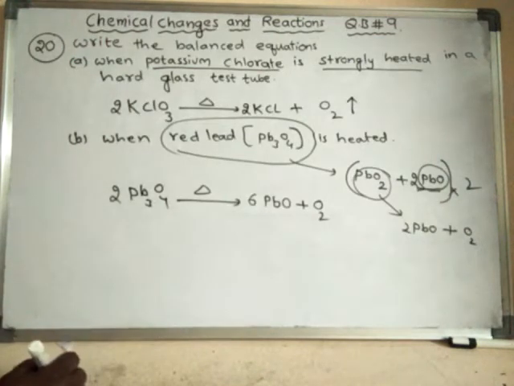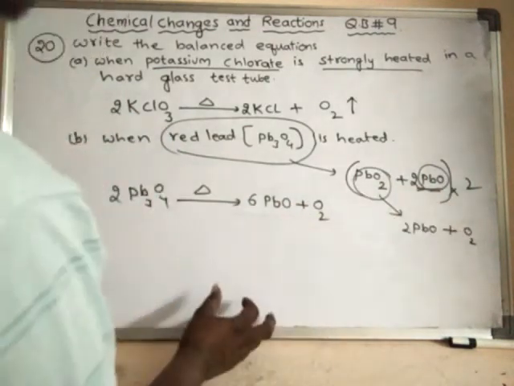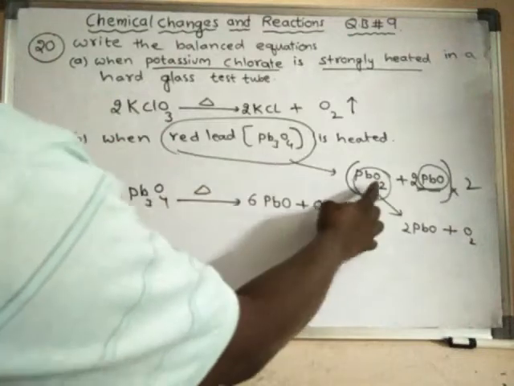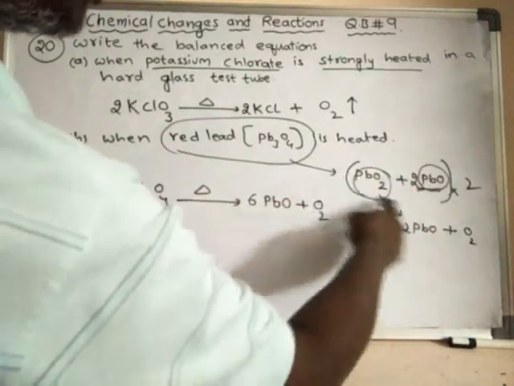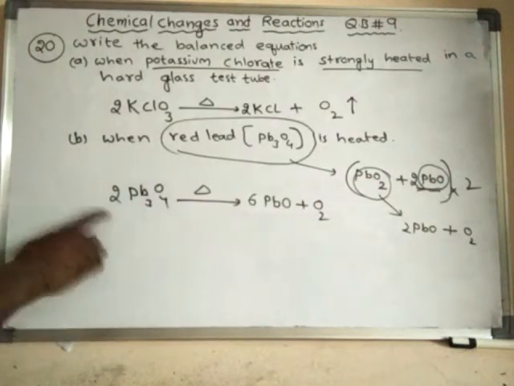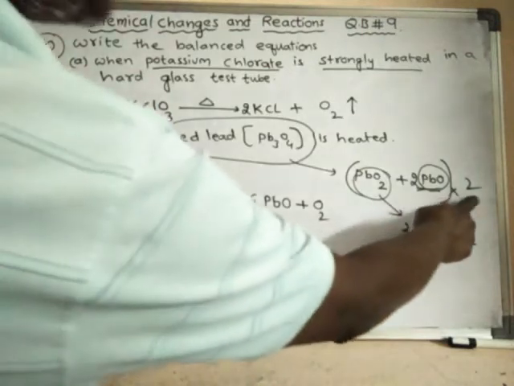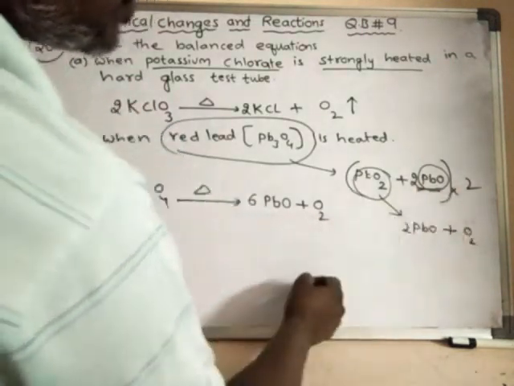Just forget about this one. This is the concept. This contains one molecule of PbO2 and two molecules of PbO. When the entire thing is taken twice, this becomes two times and this also becomes two times.